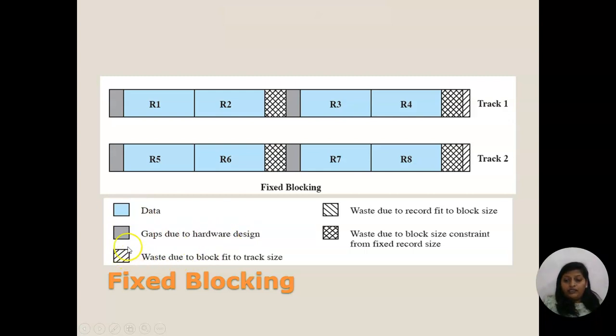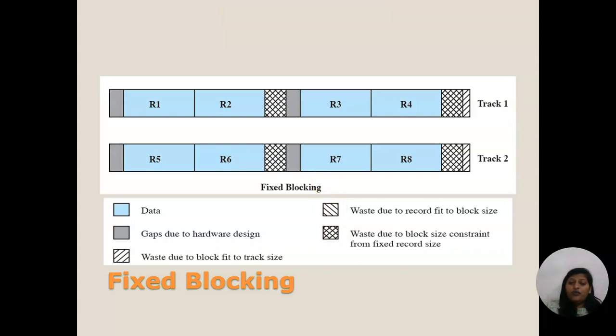Then rectangles with lines. We can say that lines on the left side represent waste due to block fit to track size. And lines to the right represent waste due to record fit to block size. Then the last one, lines at both sides, represents waste due to block size constraint from fixed record size.